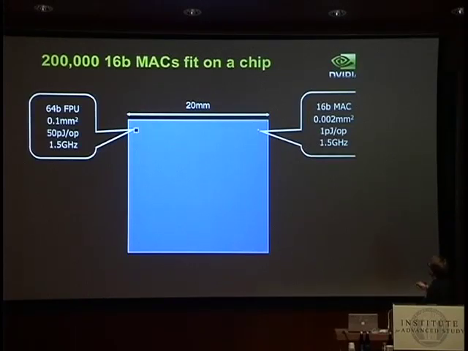These are truly tiny. These are fixed point processors, 0.002 square millimeters, 50 times less energy, 1 picojoule per operation. You could fit 200,000 of those on a chip with today's technology. If you could do all your computations with that, it would run at 70 tera-ops.